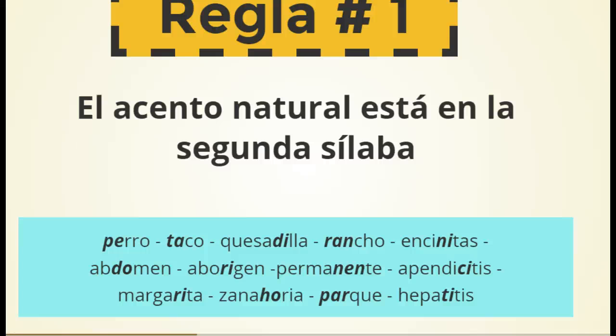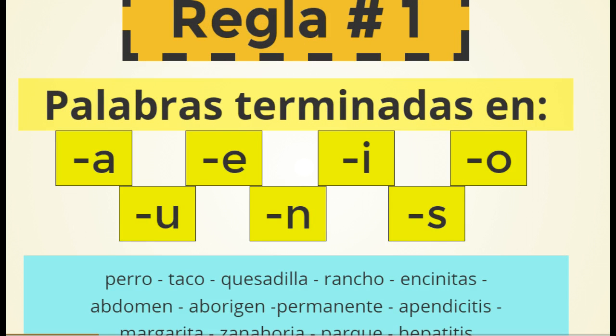En la palabra, por ejemplo, perro, taco, quesadilla, rancho, encinitas. I don't need to put an orthographic accent because this is the natural stress. This is where the natural stress goes. So again, rule number one are the words ending in a, e, i, o, u, n, or s.